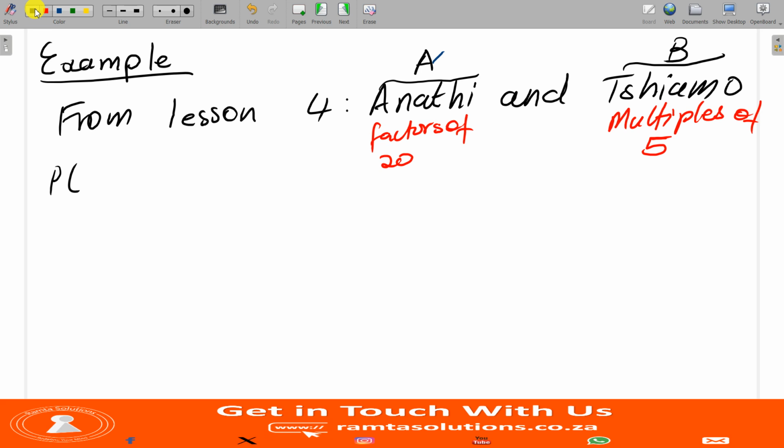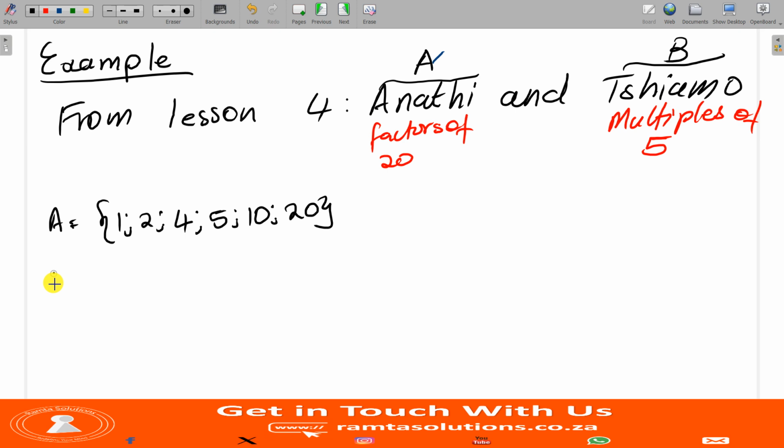So what we found was that the set of Anati was 1, 2, 4, 5, 10, and 20.